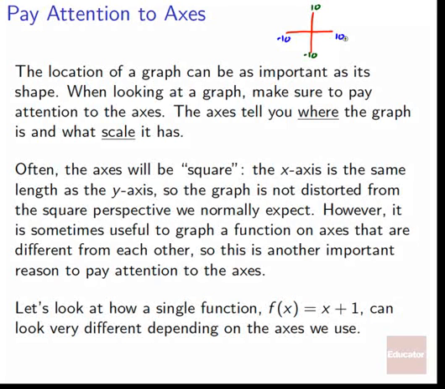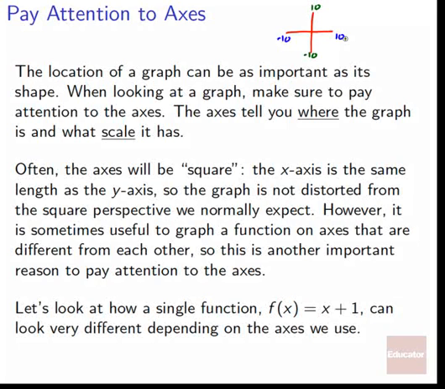But if we made it so that they had different lengths, but we had set them out as the same amount of line, then we would have a sort of squished picture. It wouldn't be the natural picture where we think of width and height as meaning the same thing in terms of length. So as long as it's square, the graph isn't distorted from the square perspective we normally expect.